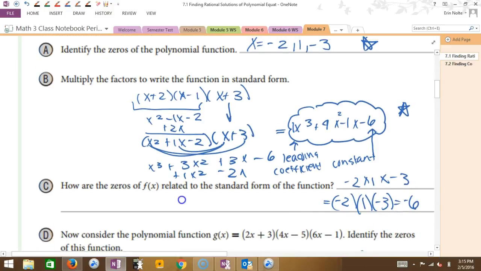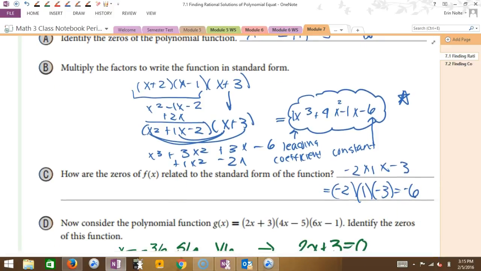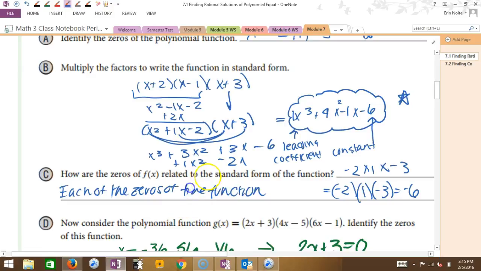Okay? So we can say each of the zeros of the function. Wait, how is that -6? It's positive 3?